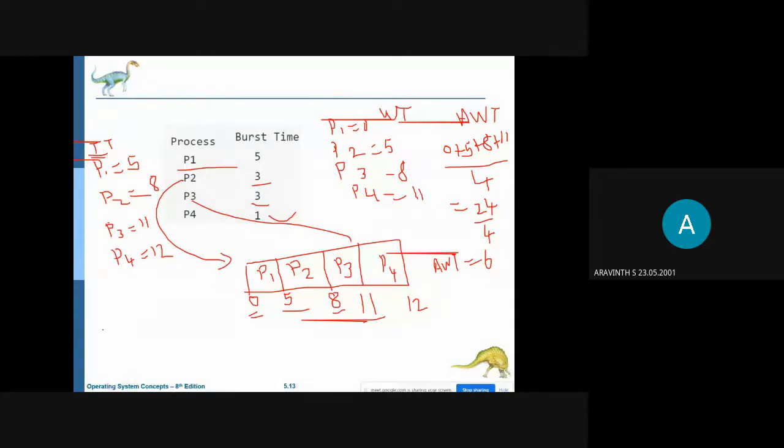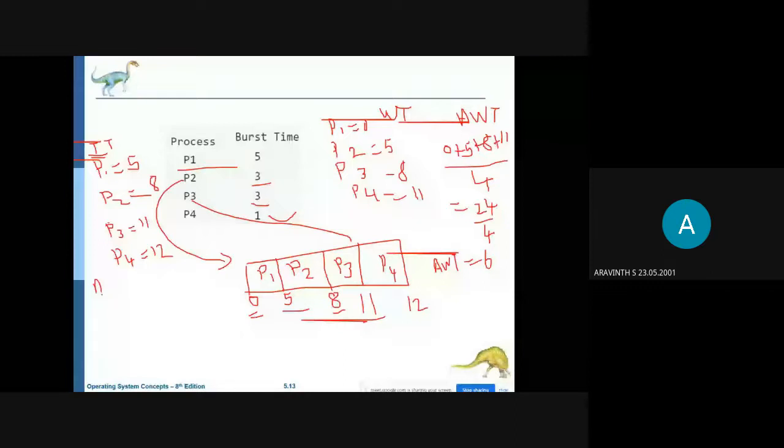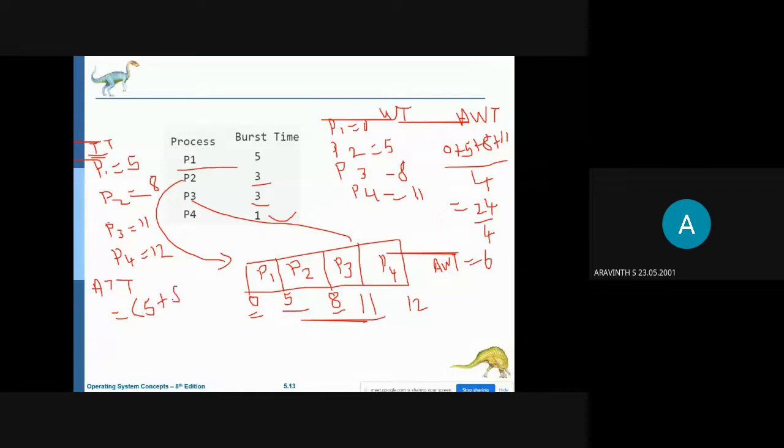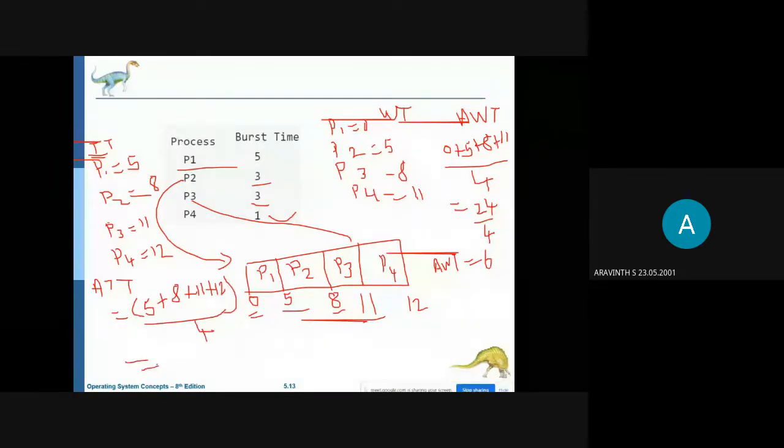Now you need to find the average turnaround time. Average turnaround time is equal to 5, the time process P1 completed, plus 8 for process P2, plus 11 plus 12, divided by 4.